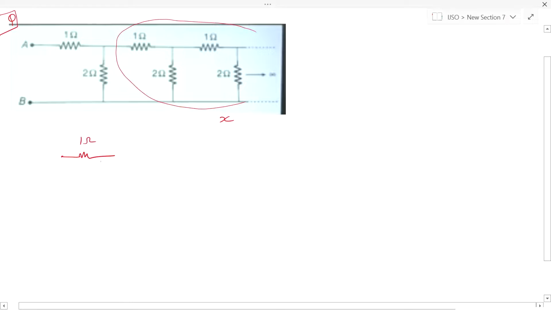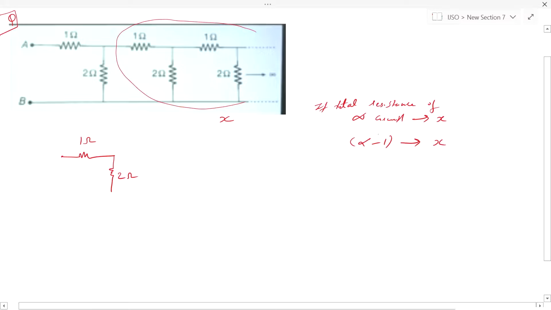It is 2 by 3 infinite ohms. No, I don't know how you did. See, in this case, if the total resistance of infinite circuits is suppose X, then infinite minus 1 also, the resistance will remain the same, X. If I remove one from infinite circuits, what difference will it make?